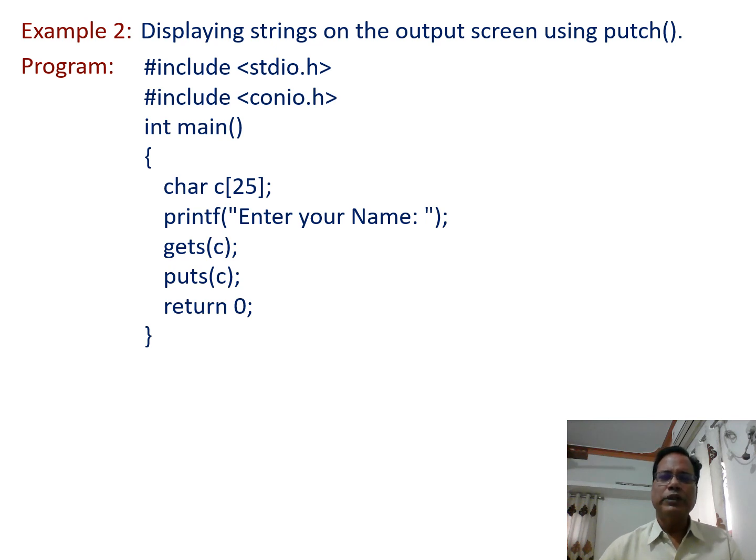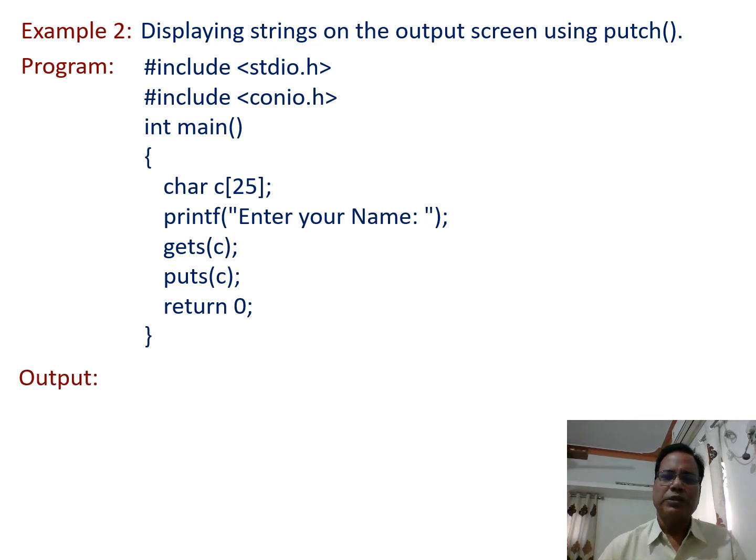Then using puts(c), the characters contained in the character array c are printed on the output screen. And the last statement is just to show that everything is okay.